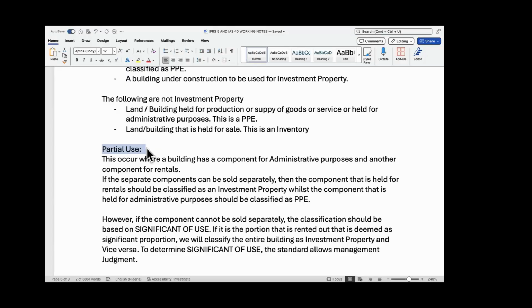That is, if the portion that you're using as administrative purpose is the portion that is significant, then you're going to classify the entire building as PPE. And when we say significance of use, we're talking about the portion that you believe is used more for a particular purpose. The standard allows you to determine that yourself using your judgment.